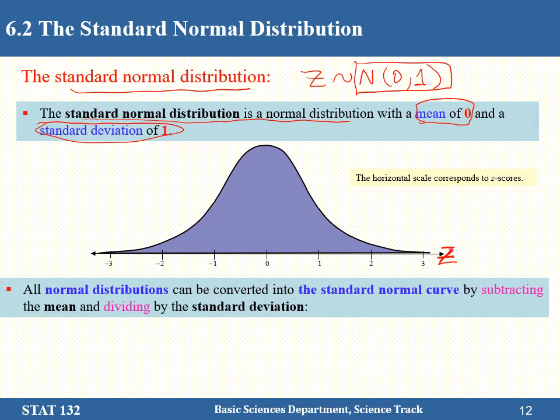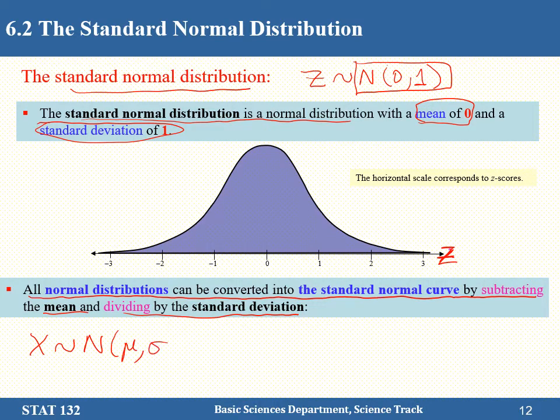The advantage of using it is that any normal distribution can be converted to the standard normal distribution by subtracting the mean and dividing by the standard deviation. So assume x is a variable with normal distribution with mean mu and standard deviation sigma. Then using this conversion, you can define z as x minus mu divided by sigma.